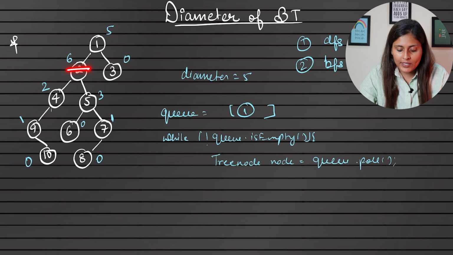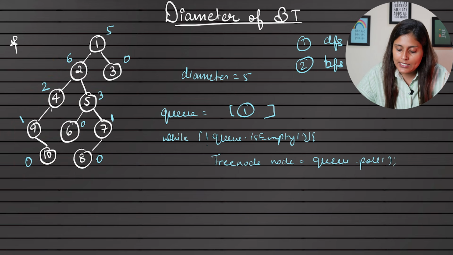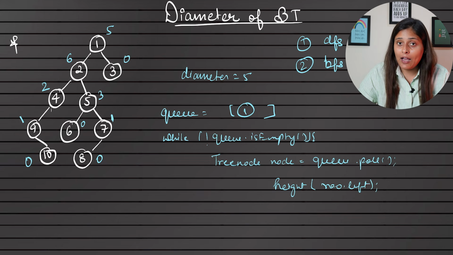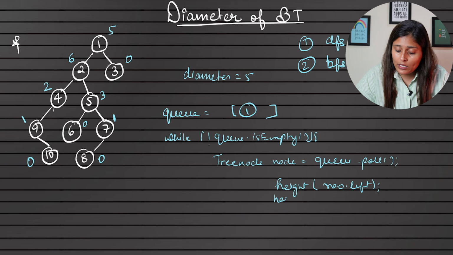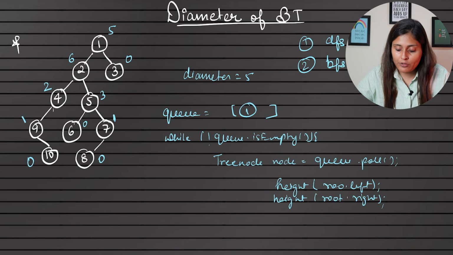Height will give me the height only, like 1, 2, 3, 4. So let's make the function name height. We'll call that function height by sending root dot left. So root dot left will bring how many levels there are from the left side. Similarly, call the height with root dot right. Now it will give me how many levels there are from the right side. We'll save them because it will return an integer, right?